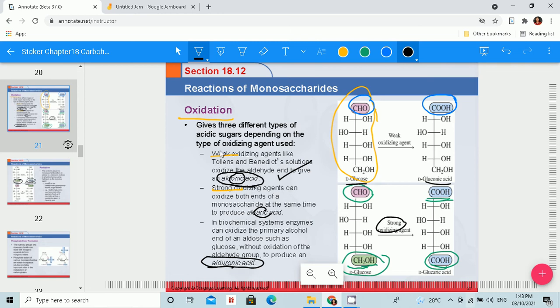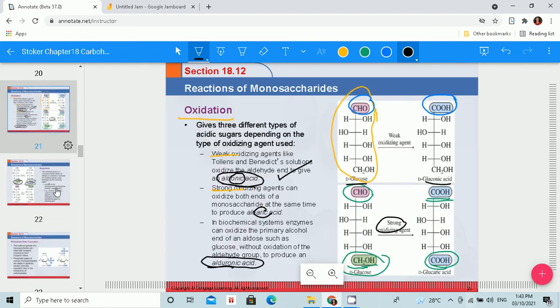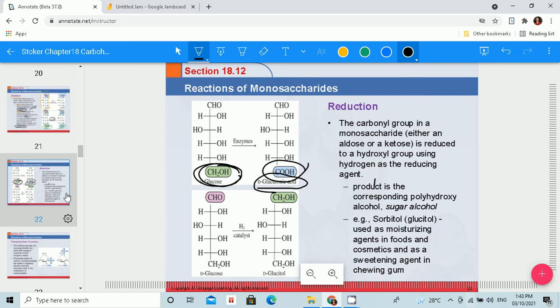Now, when we say reduction, it is a gain of electrons. Oxidation is loss of electrons. Reduction is gain of electrons. This time we use hydrogen as our reducing agent.